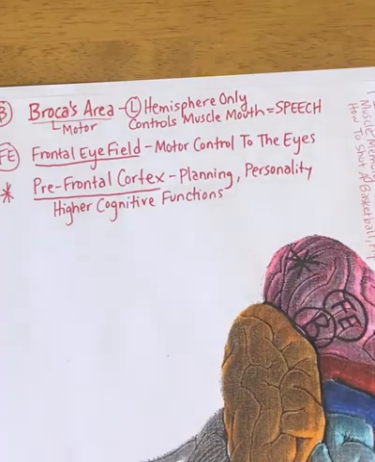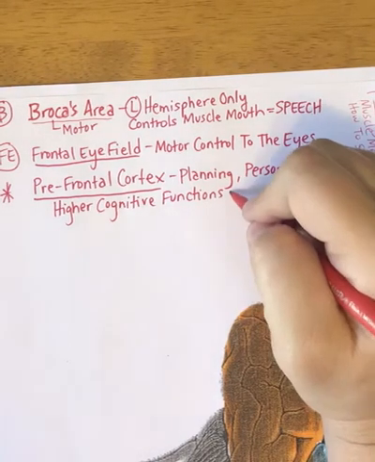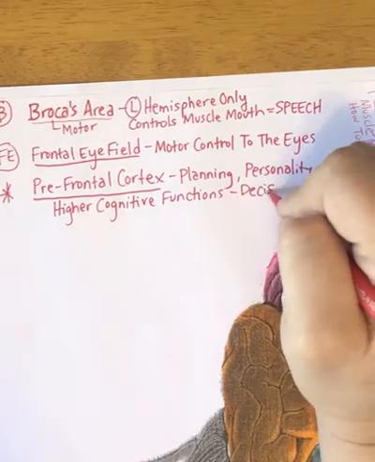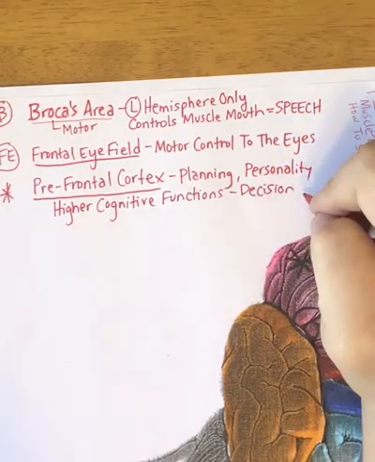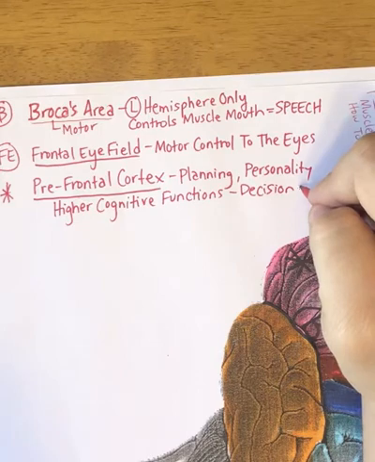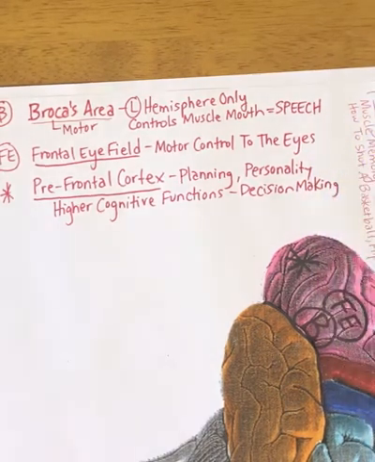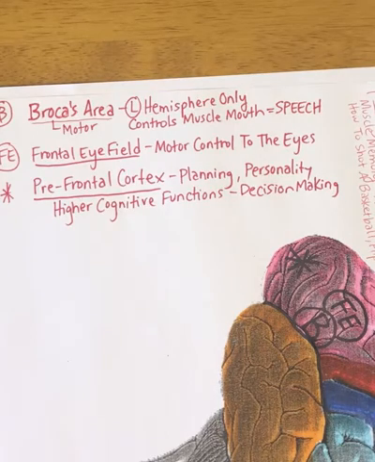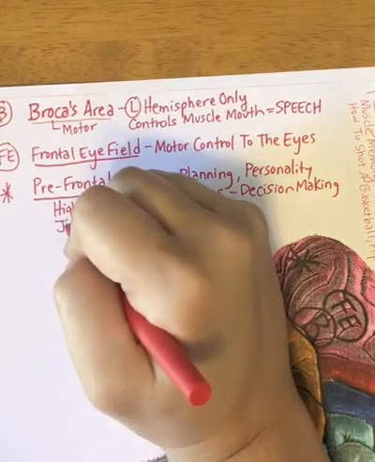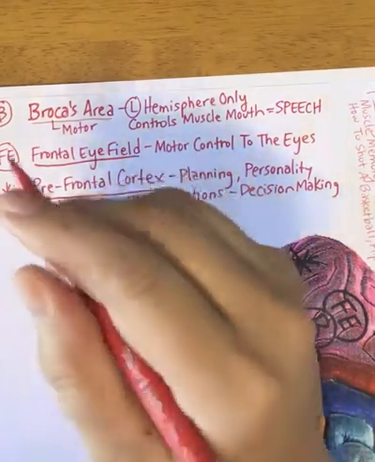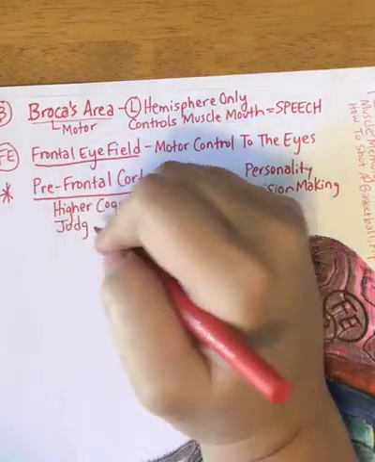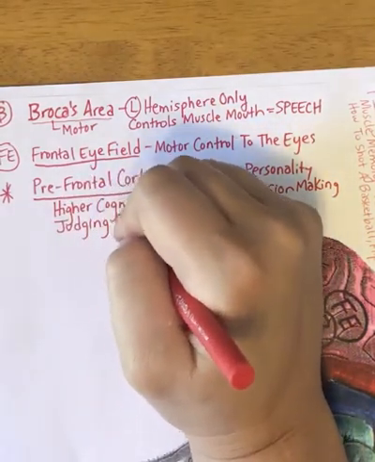When we say higher cognitive functions, this is also going to be like decision making. So if you make bad decisions or bad choices, that's your prefrontal cortex failing you. Also judging consequences for whatever you do.